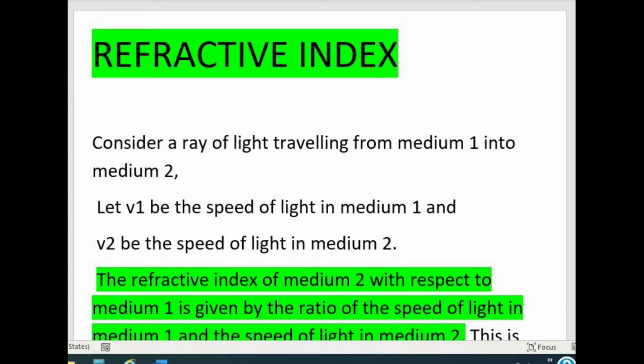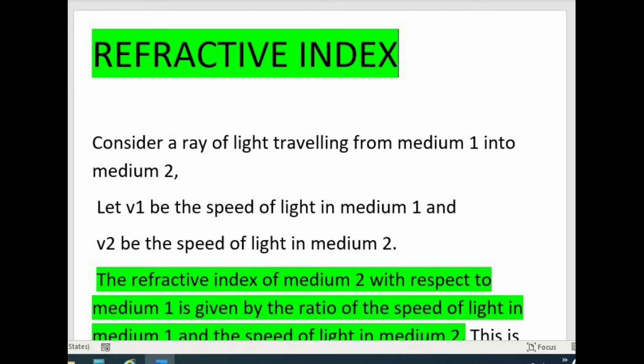Consider a ray of light traveling from one medium to another. Suppose a light ray is traveling from medium 1 to medium 2. That may be any medium, from air to water, from water to air, glass to water, glass to air, air to glass, glass to diamond, any medium.